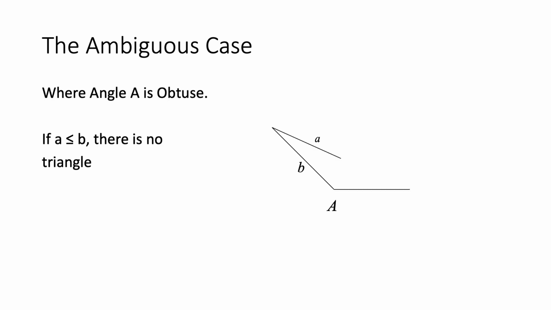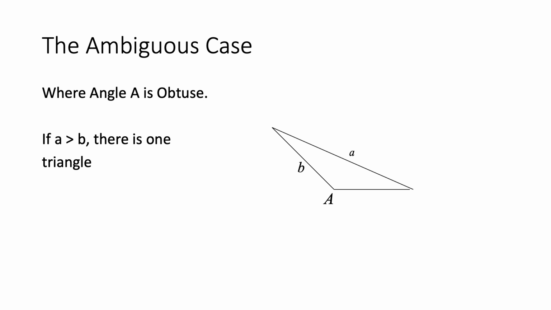Now if you're dealing with an obtuse angle, where angle A is that obtuse angle, if A is less than or equal to side B, you will not create a triangle. If A is greater than B, then you get one triangle.